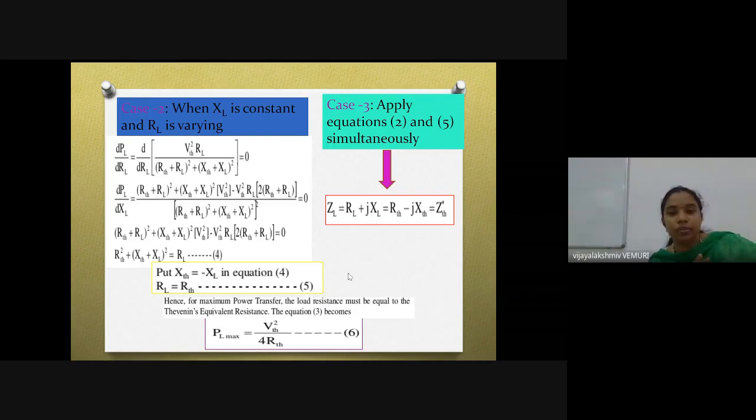Power will always be absorbed by the real part of impedance, which is nothing but resistance. So that is the statement of the maximum power transfer theorem. These proofs are very, very important. You may be asked to prove the maximum power transfer theorem and get the condition for maximum power transfer in case of DC as well as AC circuits.